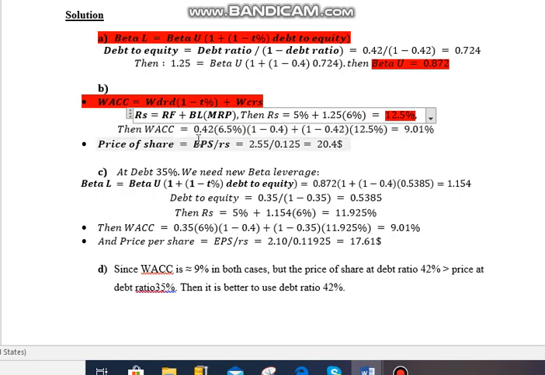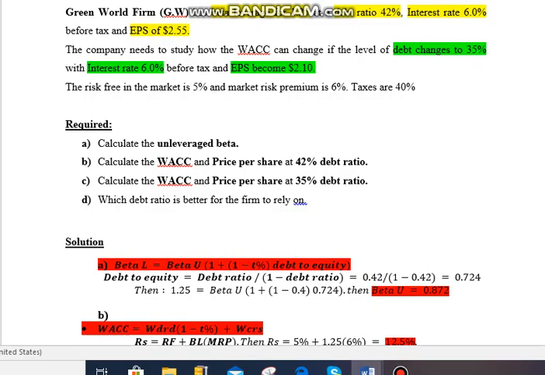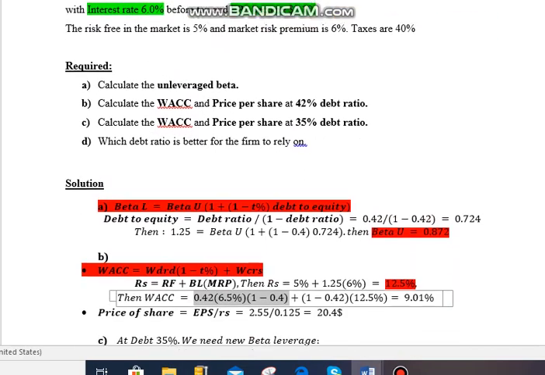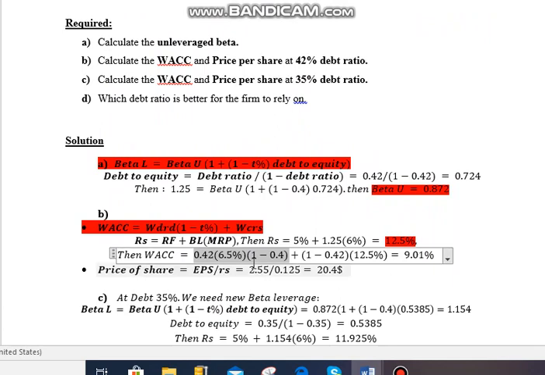Then the weighted average cost of capital equals 0.42, which is the weight of debt, multiplied by RD, the cost of debt, which is 6%, multiplied by 1 minus the tax rate 0.4, plus 1 minus 0.42, which is the weight of equity, multiplied by 12.5%.